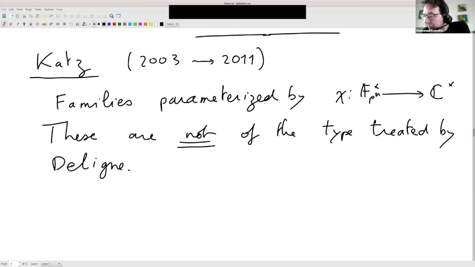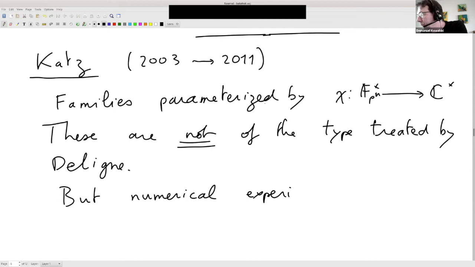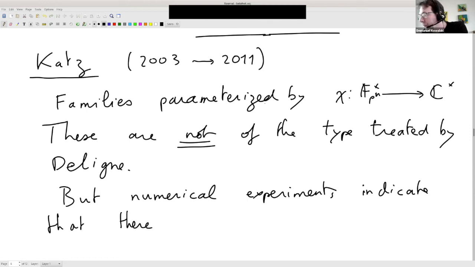Now there's one thing here is that for very simple families, numerical experiments indicate that there should still be something similar. There should be a similar equidistribution theorem.